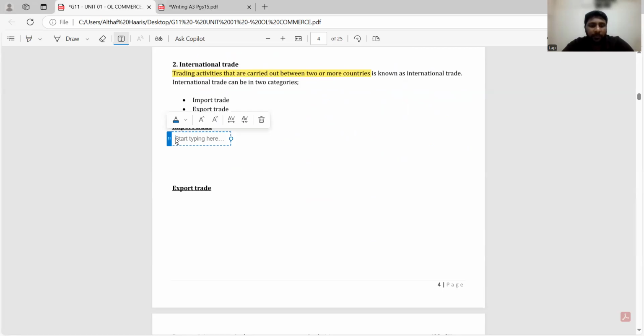Write in paper: bringing goods or services, generally we won't use services, goods from foreign countries to our country.